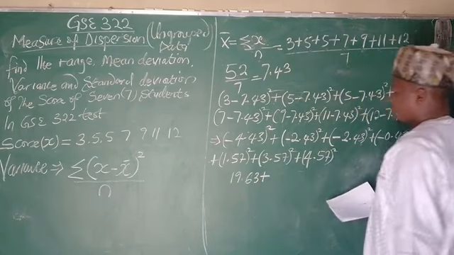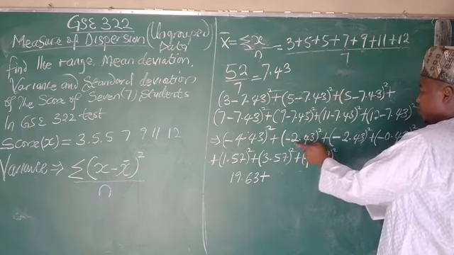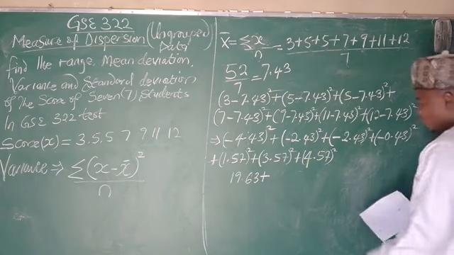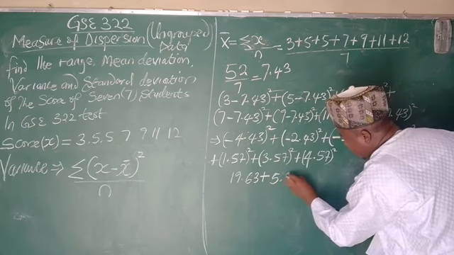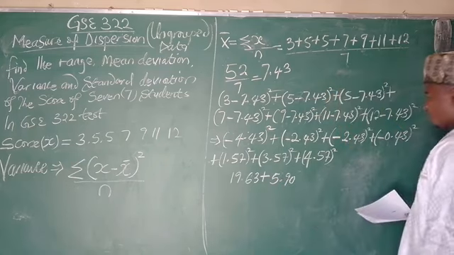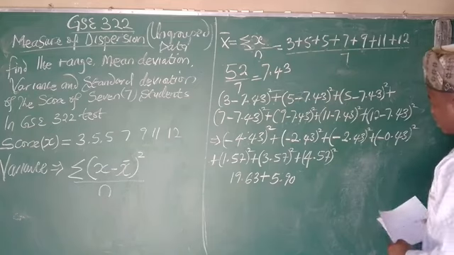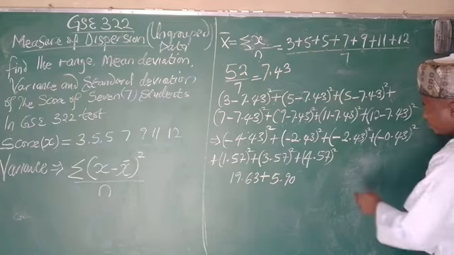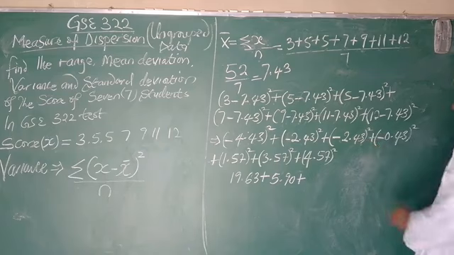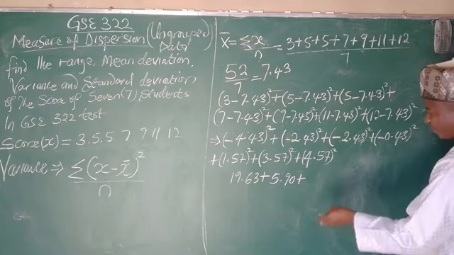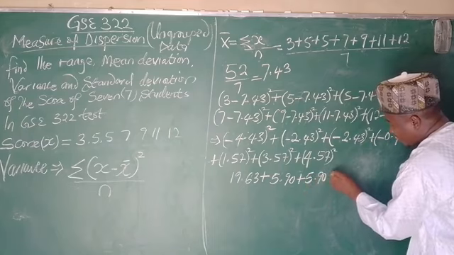Plus 2.43 square, minus 2.43 square is going to give us 5.90. Then plus the next one, which is minus 2.43, also gives us 5.90.